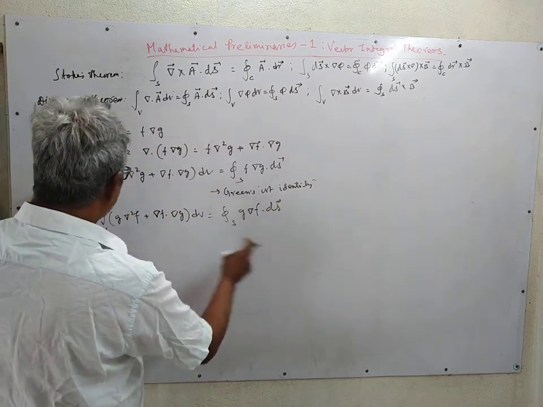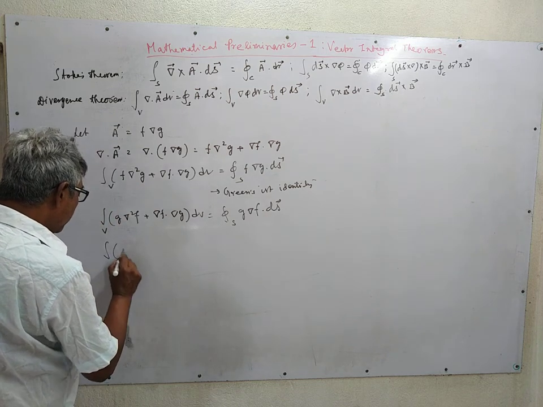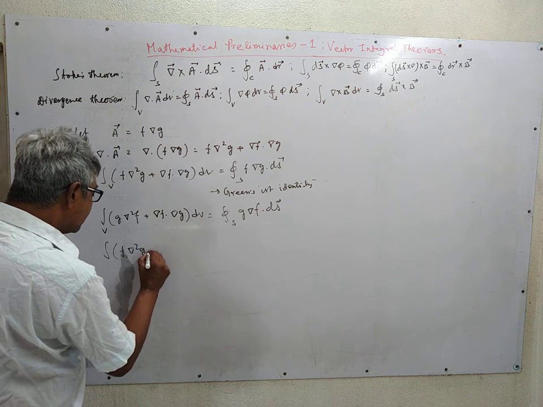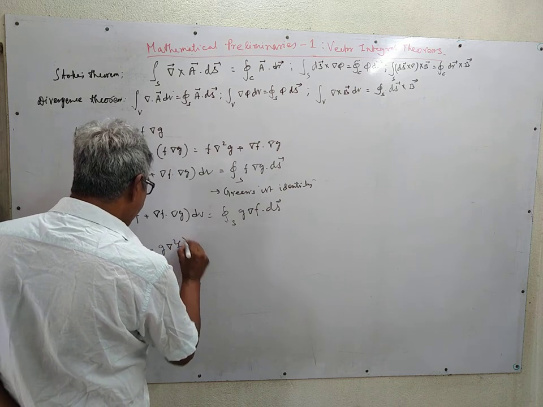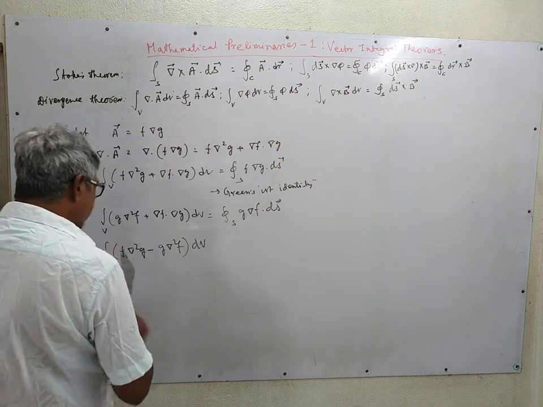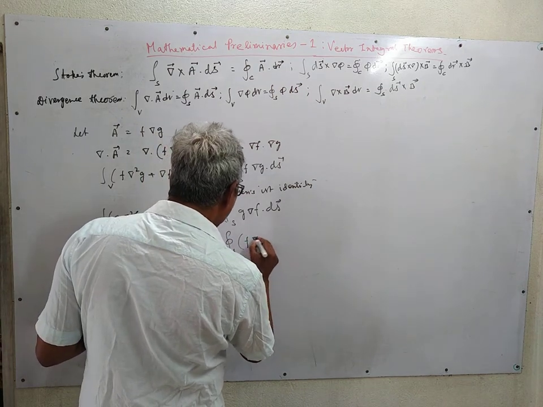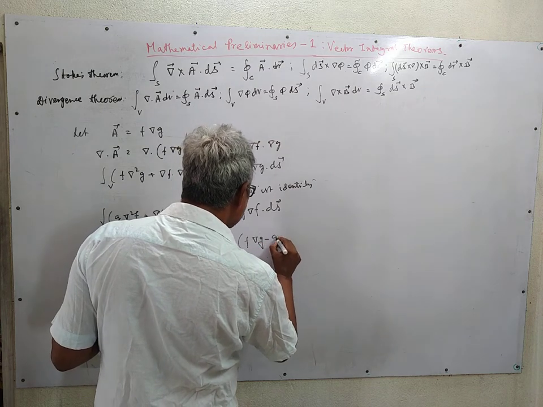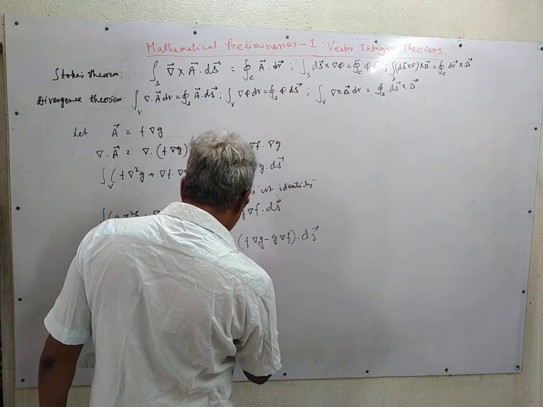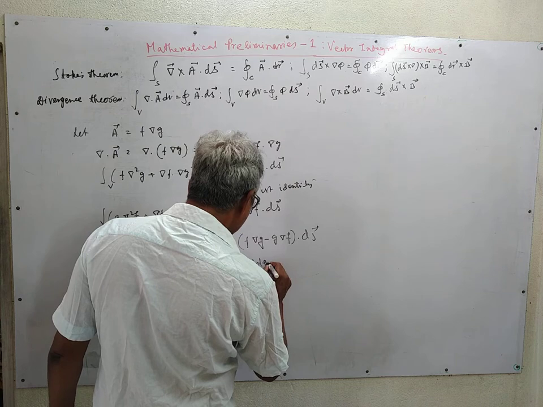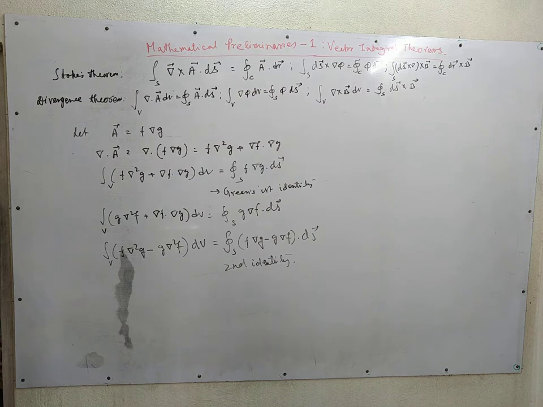If we subtract this from this, we get volume integration of f nabla square g minus g nabla square f integrated over volume V is equal to surface integration of f grad g minus g grad f dot ds. This is known as Green's second identity. They are very helpful in different branches of physics.